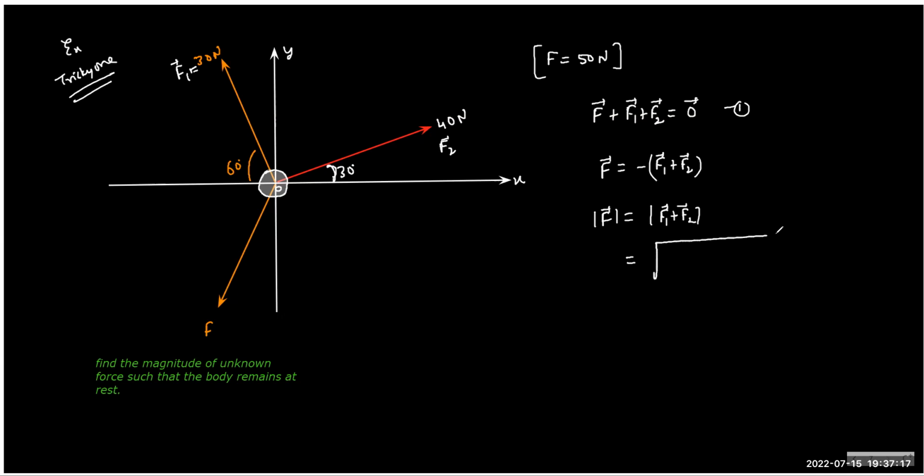What is the formula? A square plus B square plus 2AB cos theta, where theta is the angle between them. So what is the angle between F1 and F2? Can you see it's 90?